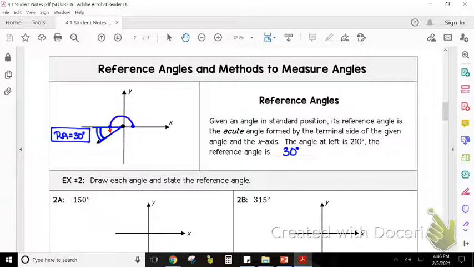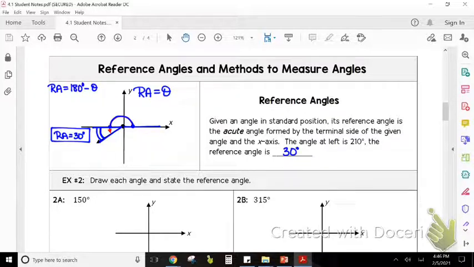So if we do that, then if we're in quadrant 1, our reference angle is our angle. Okay, so if our angle had been 40 degrees, it would already be an acute angle, and so that 40 degrees is how far it would be from the 0. So it is our reference angle. If we're in quadrant 2, our reference angle is going to equal 180 degrees minus our angle.